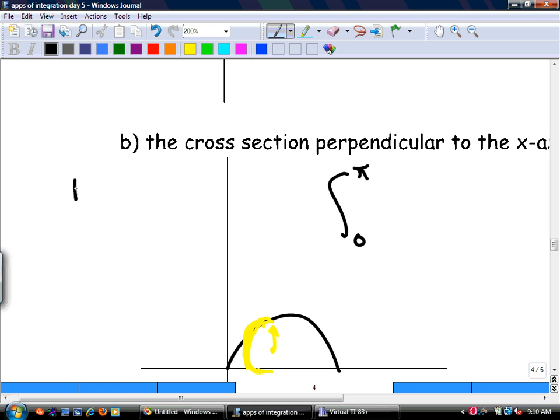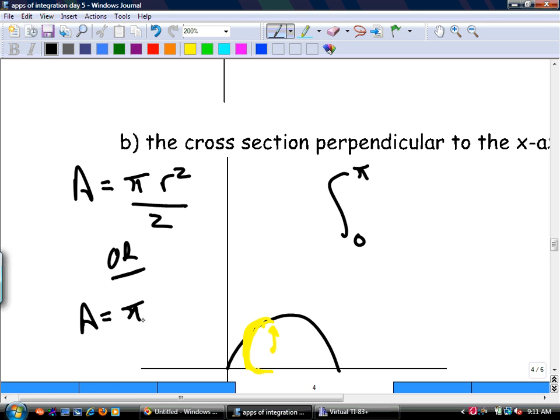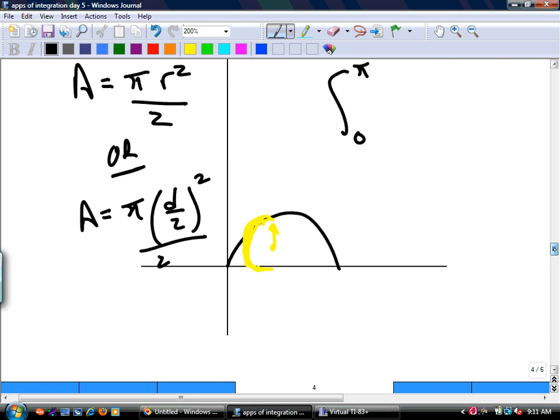Okay, so area of circles or semicircles can be written as pi r squared over 2, or the one that most kids don't know, pi d over 2 squared. So you can convert that. Half the diameter is the radius. Sorry.